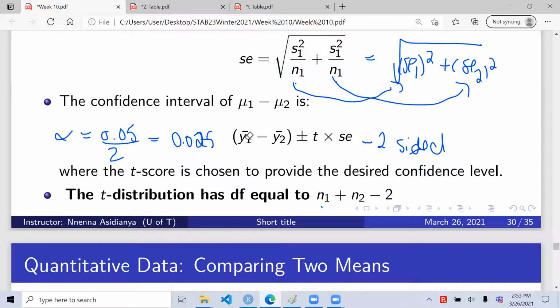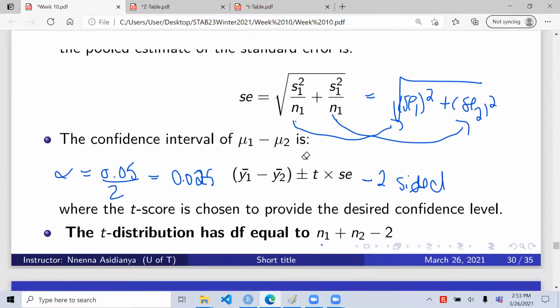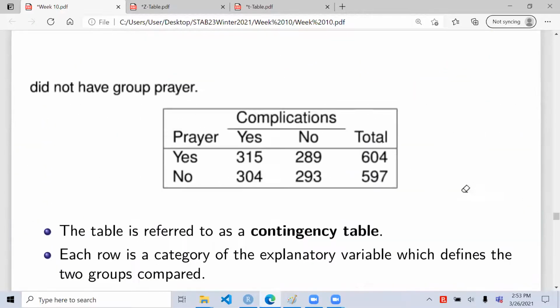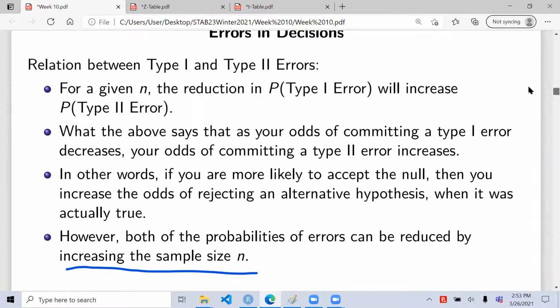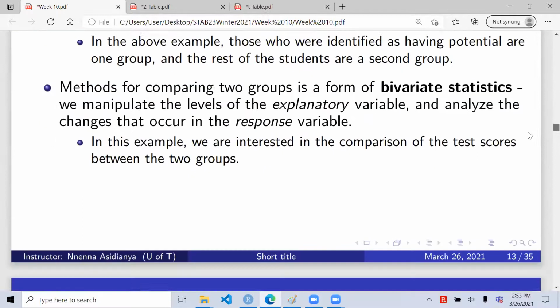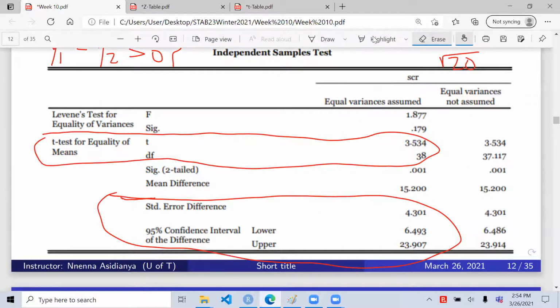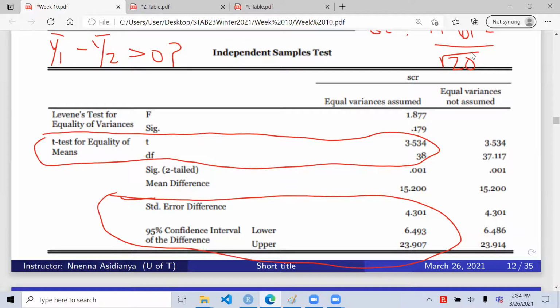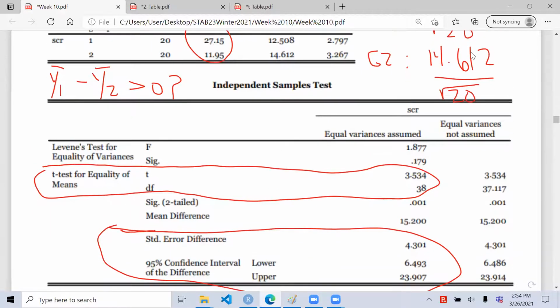Going back to the example above, the experimental versus control group, notice that their degrees of freedom is 38. Why is it 38? Because each group has a sample of 20, so when you take 20 plus 20 and subtract 2, you get 38.